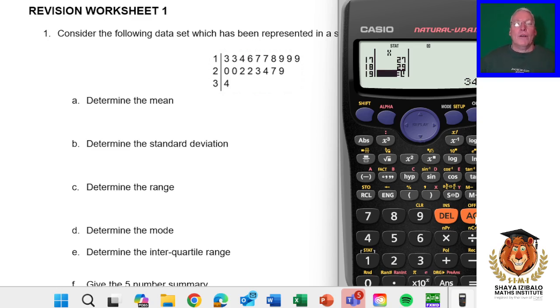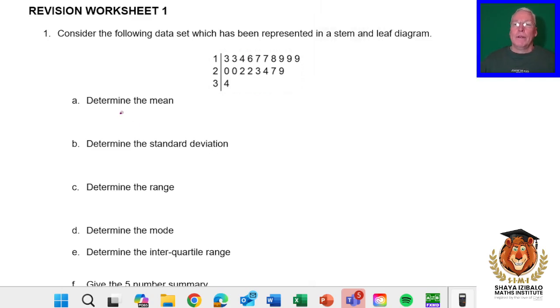All right, so then we can press all clear and then we go shift stat. We want the variables about this data, so we're going to go for 4, and we can get the mean by going with option 2. So the mean of these numbers is 20.32.